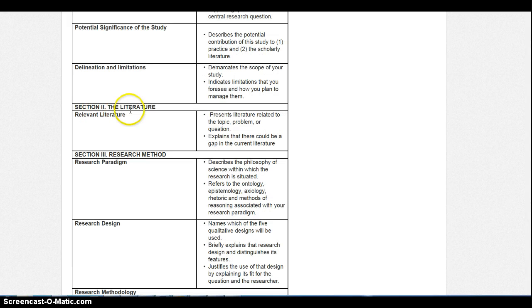Then the literature. With the literature review, except for when you are doing grounded theory, I think it's important to really dig a little bit deeper. By this I mean, don't just simply have two sentences saying, I looked at a study by John Peters.